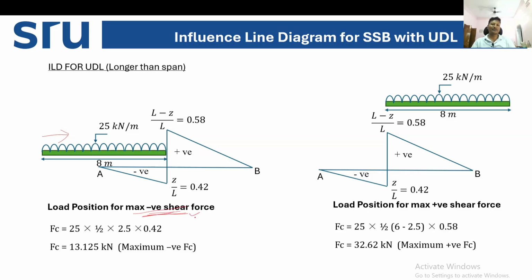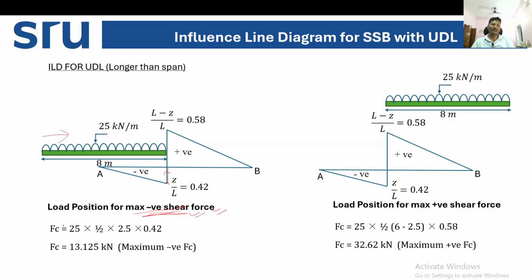Definitely, like the previous case, the head of the UDL should be on the maximum negative coordinate. Then only we can get the maximum negative shear force, and the rest of the load will be behind that maximum coordinate.